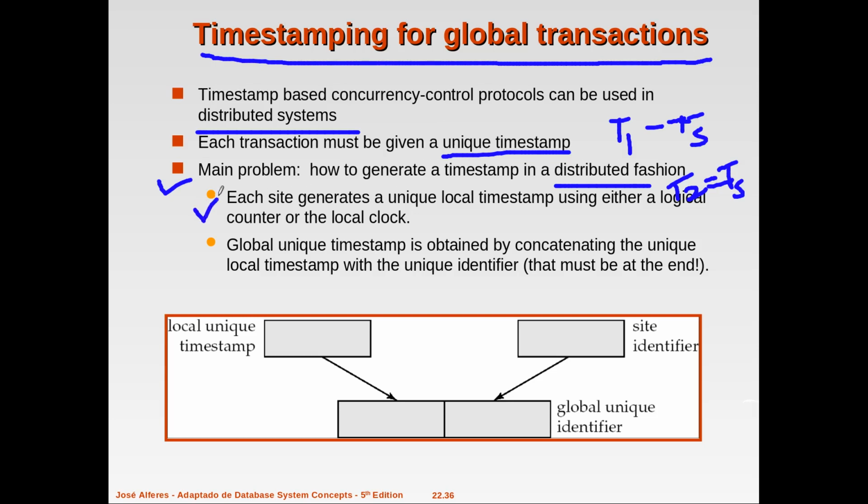What we do is every site generates a unique local timestamp using its logical counter or local clock on its own. The clocking system or the counter used in that particular site will give a local timestamp, and we generate a global unique timestamp by concatenating the unique local timestamp generated in the site with the unique identifier of that site.